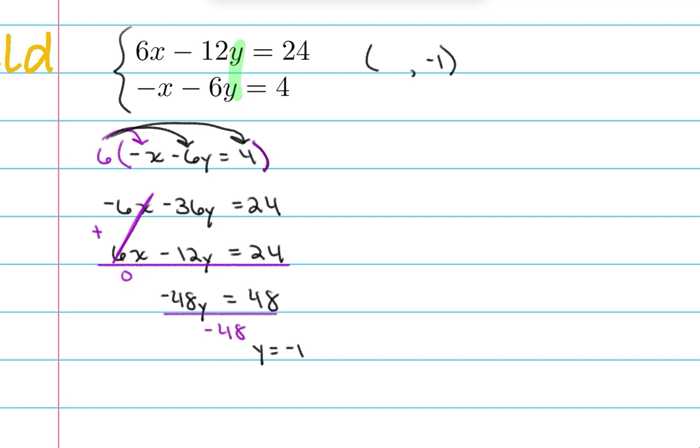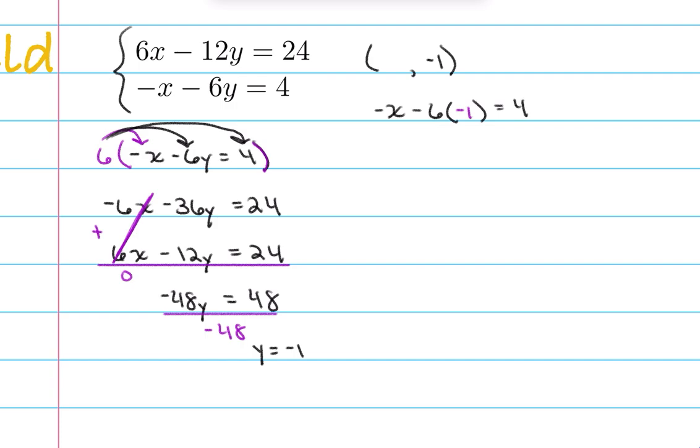It does not matter which one. So I'm going to plug into the bottom equation just because the x is mostly by itself already. So I'm going to get negative x minus 6 times the y value, which we just found to be negative 1, equals 4.